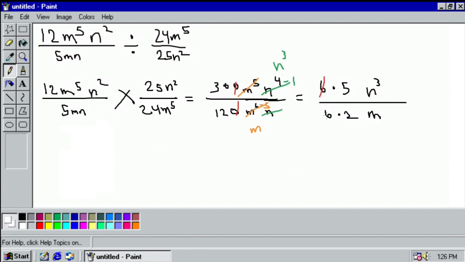Now we can cancel the 6. What we have left is 5n cubed over 2m. Easy as that.